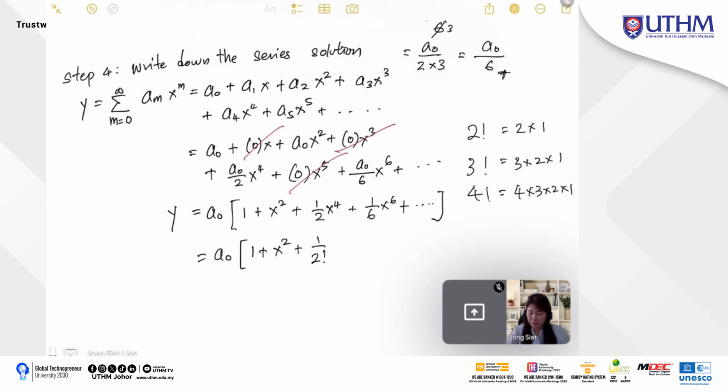This is x power 4 plus, for 6, that will be 3 factorial, which is 3 times 2 times 1. If you can do up to here, I will be very happy. That is good enough to stop here. So that's all for this example.